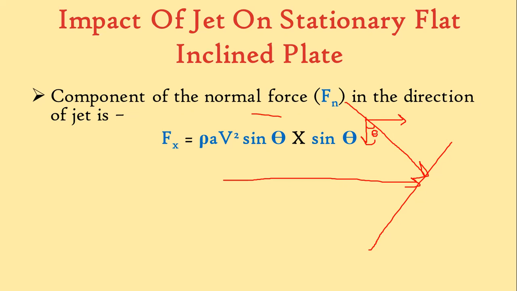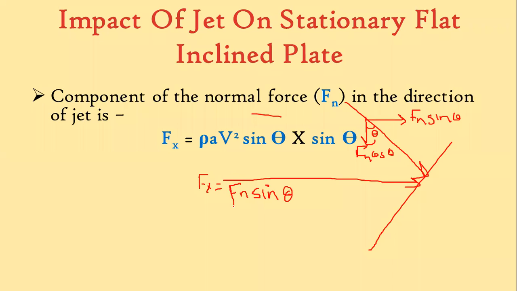This is theta. So this will be Fn sin theta, and this will be Fn cos theta. Now Fn sin theta is horizontal, which is nothing but the direction of the jet. So Fx is equal to Fn sin theta.